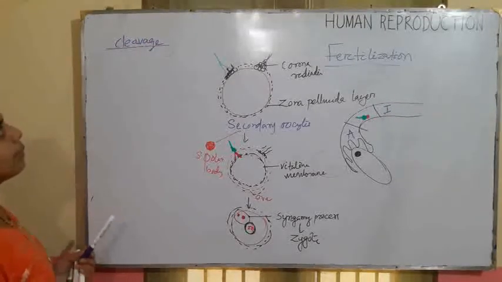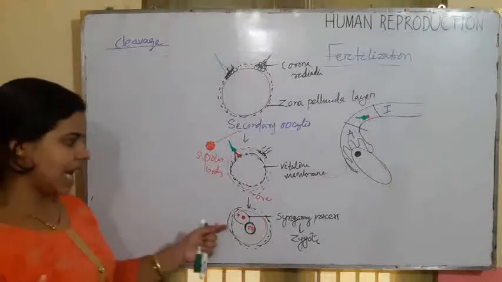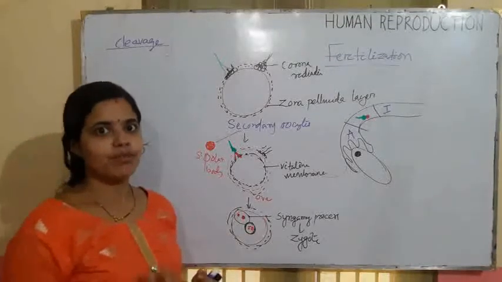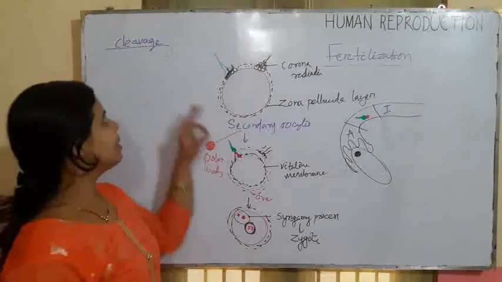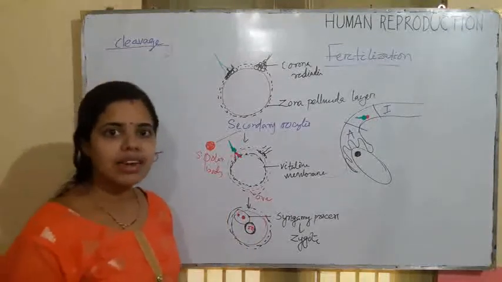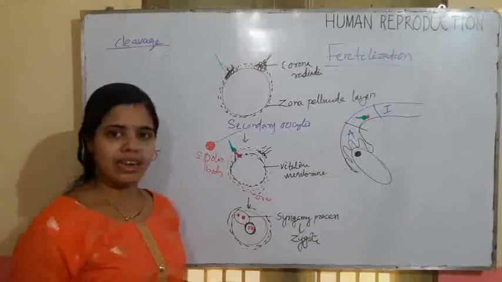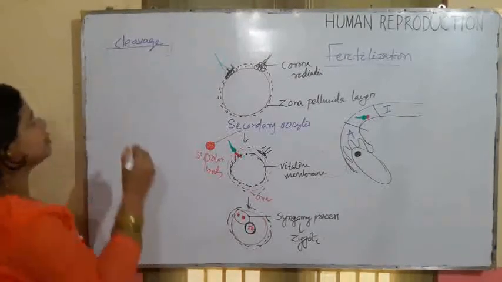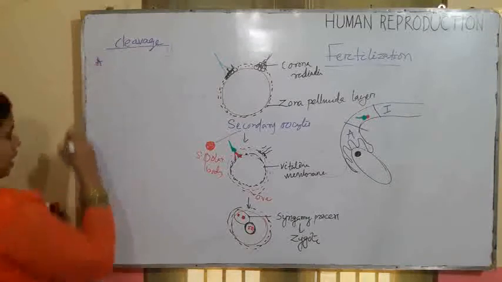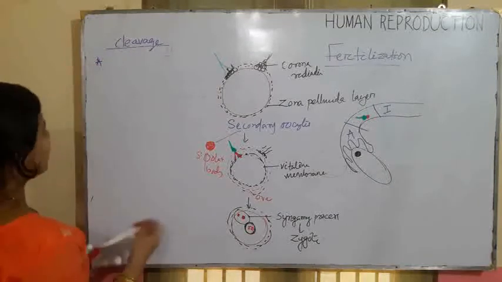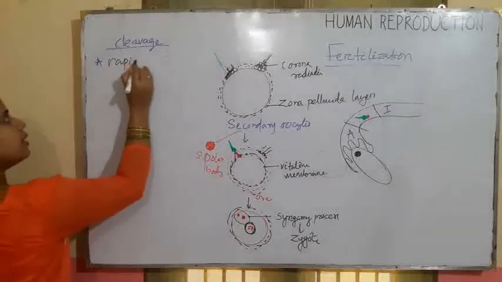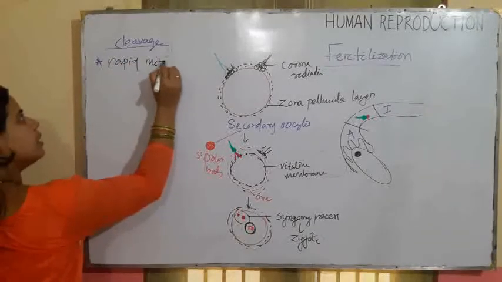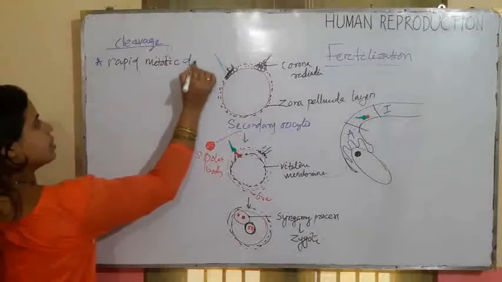Cleavage is a process in which, immediately after the fertilization or zygote formation, the cleavage process will start. What is the cleavage process? It is a type of cell division. It is a rapid mitotic division.